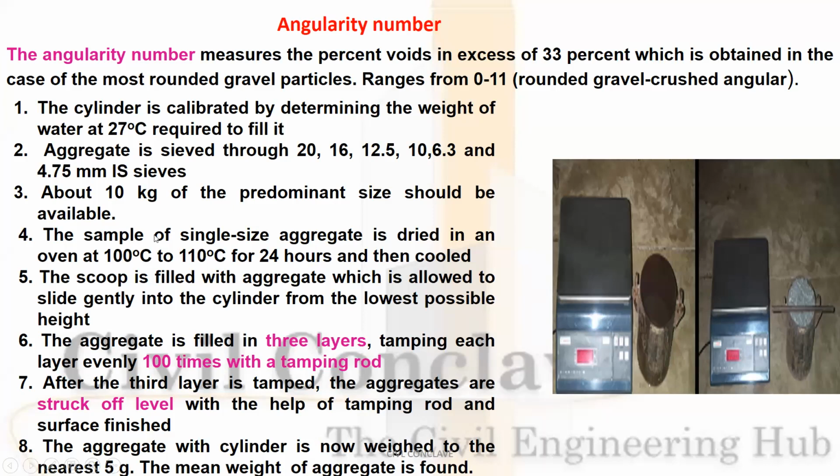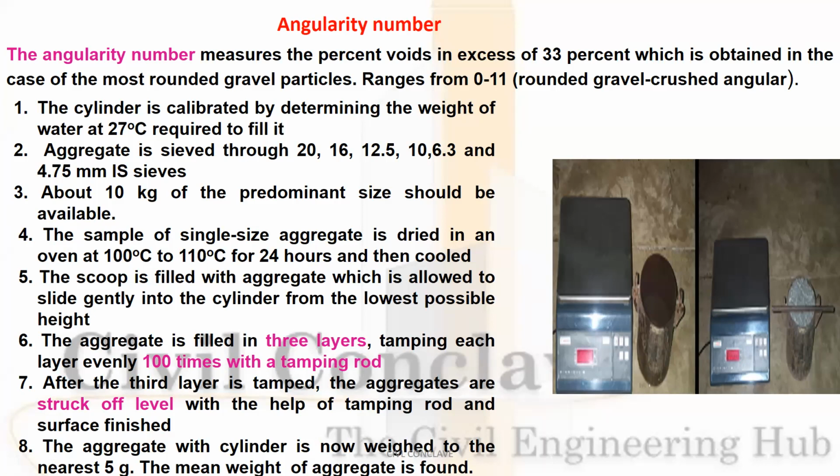Angularity number. The percentage of voids in excess of 30% is obtained in the case of most rounded gravel particles. The cylinder is calibrated by determining the weight of the water at 27 degrees centigrade required to fill it.